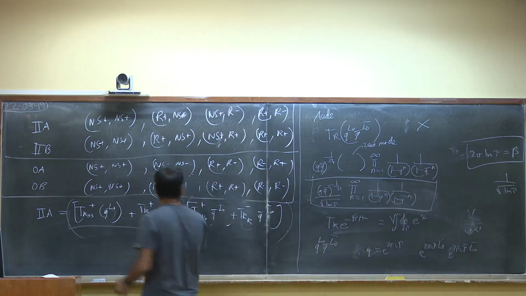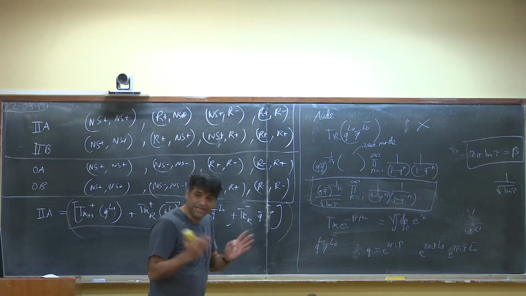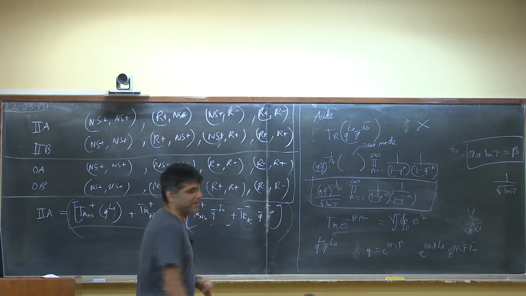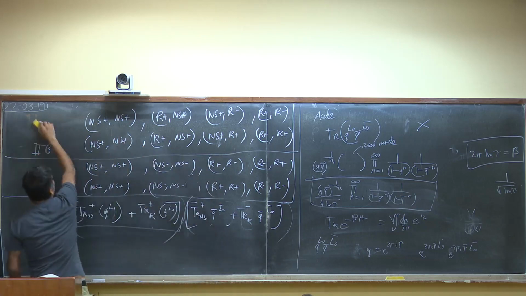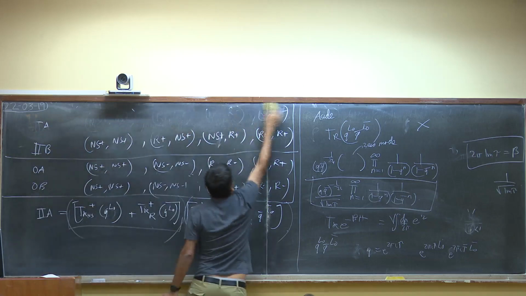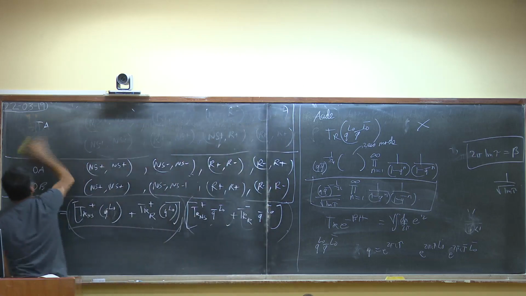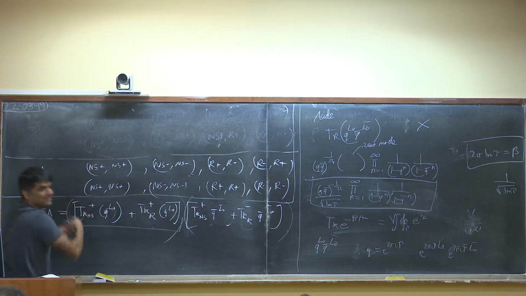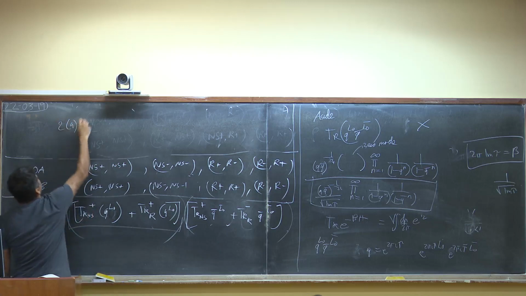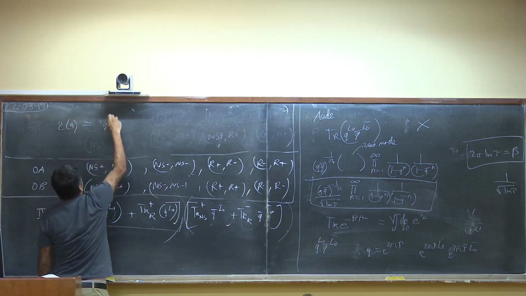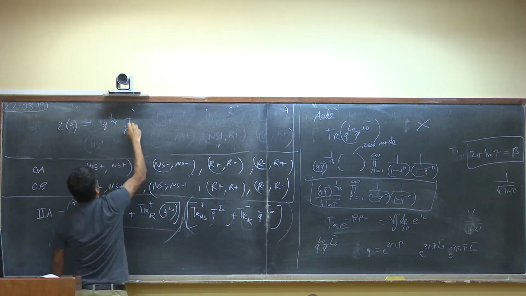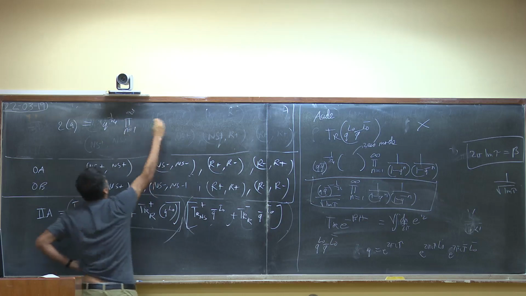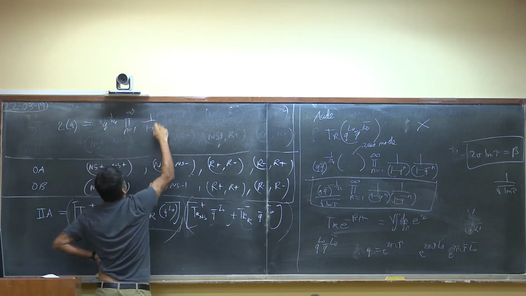I will try my best not to use this terminology, firstly because I'm shaky on it, and secondly because who cares? But this one is simple enough that even I remember it. Eta of q is equal to q to the power minus 1 by 24, product n equals 1 to infinity, 1 over 1 minus q to the power n.